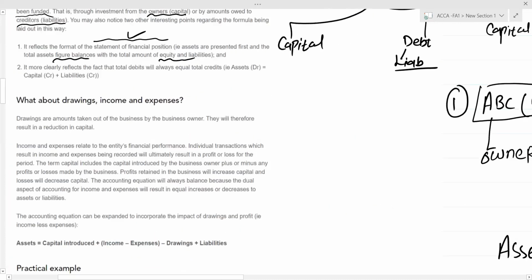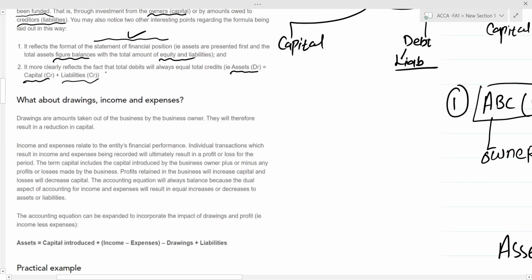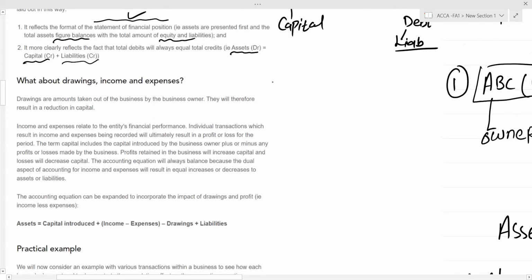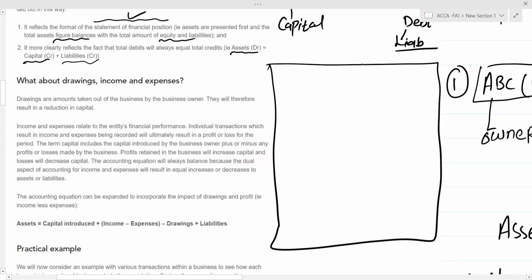The second thing is that it more clearly reflects the fact that total debits will always equal total credits. That is, assets are debit, capital is always credit, liability is always credit. Remember one thing, I will tell you a mnemonic to memorize this.